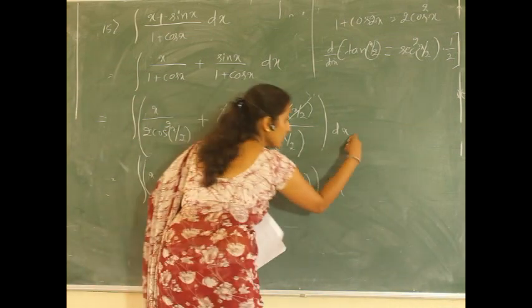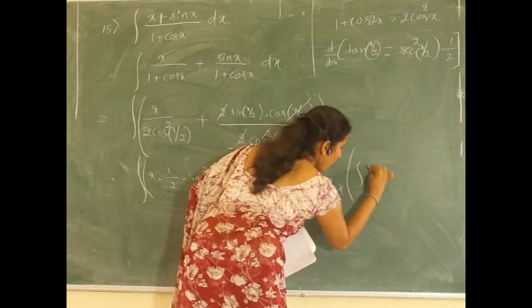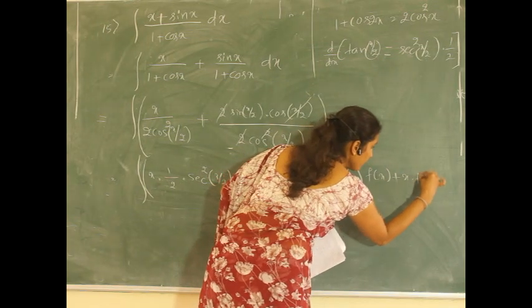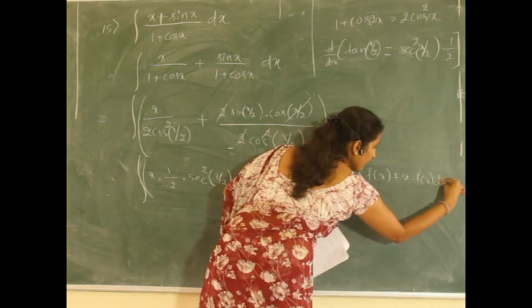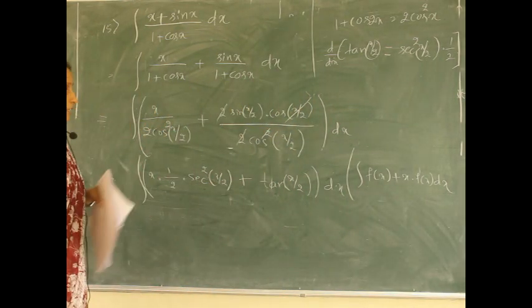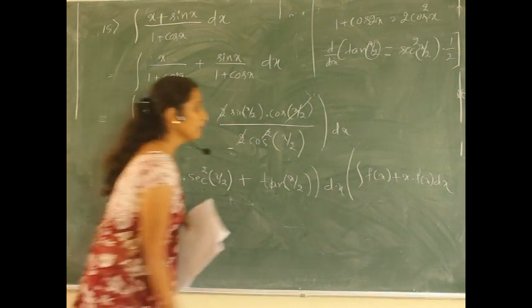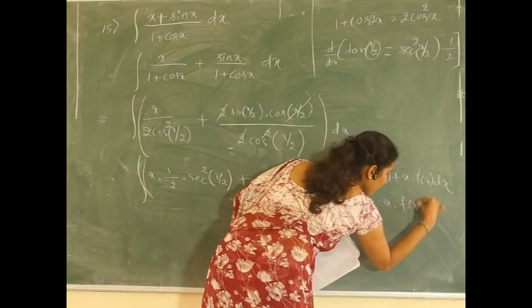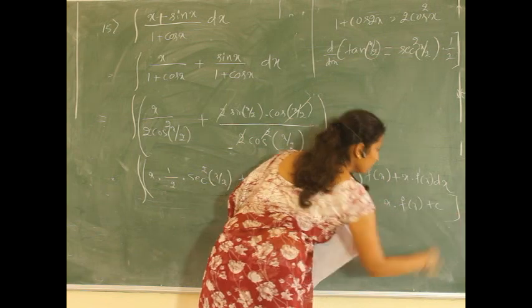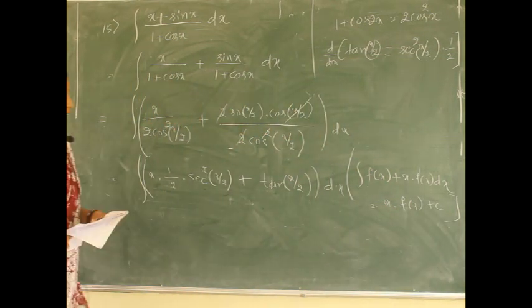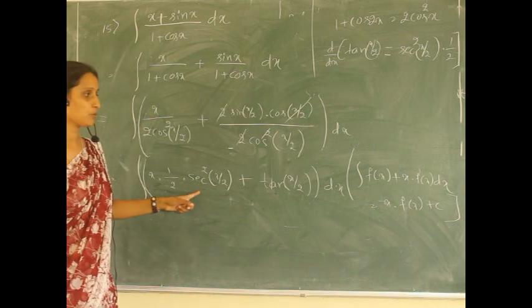We know there is a formula: the integral of f of x plus x into f dash of x dx will be equal to x into f of x plus c. So the derivative of tan x by 2 is half into secant square x by 2.